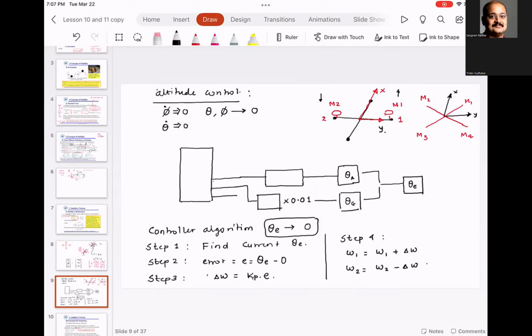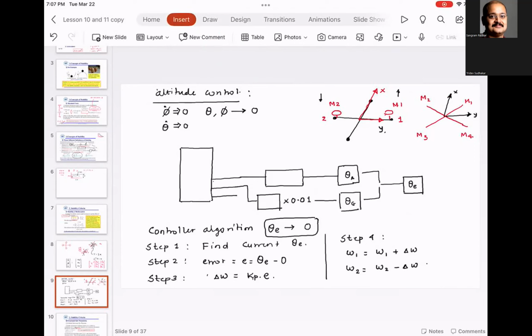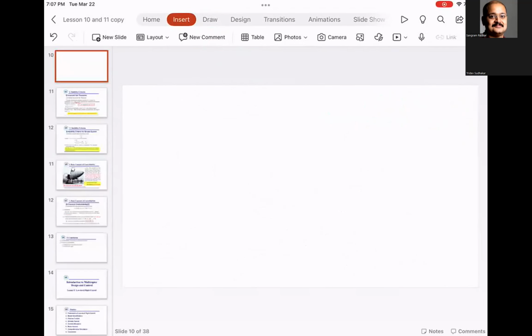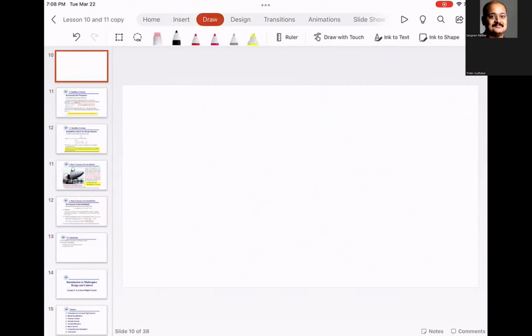Let me go ahead and open a new slide. This is the assignment. The assignment is to create a Mambo pendulum. In your Mambo pendulum, you will have this Mambo, and you will have a small string going through the center of the Mambo.